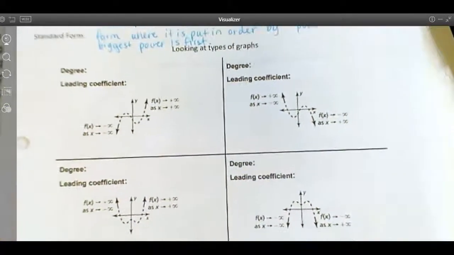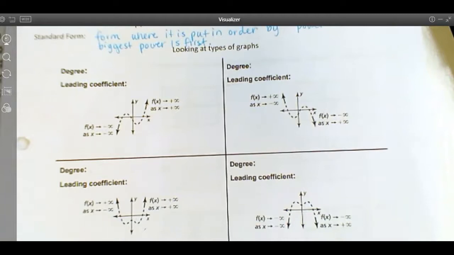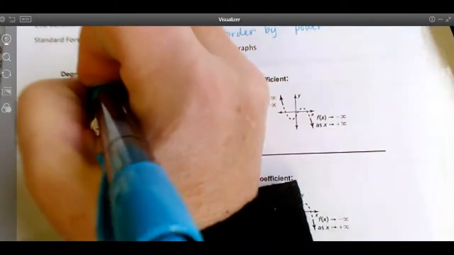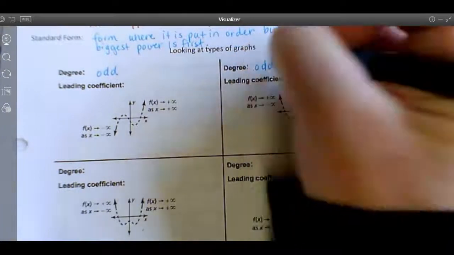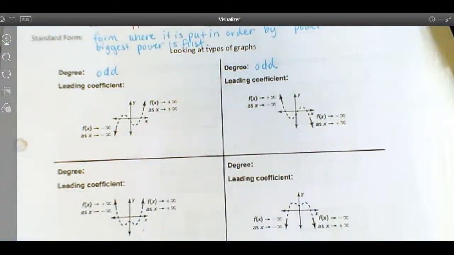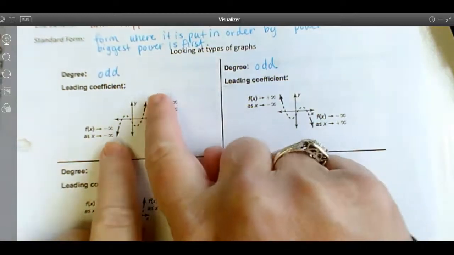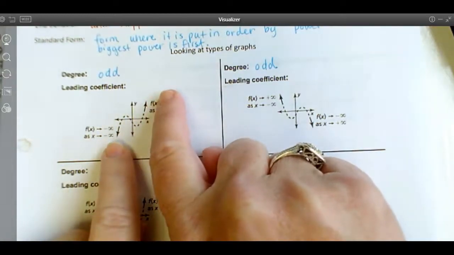Now, the degree and the leading coefficient affect the way the graph looks. So here's a bunch of different graphs. What you should know is that if the degree is odd, the graph on one end is down and on one end it's up. Or on one end it's up and on one end it's down. They're doing two different things on the ends.